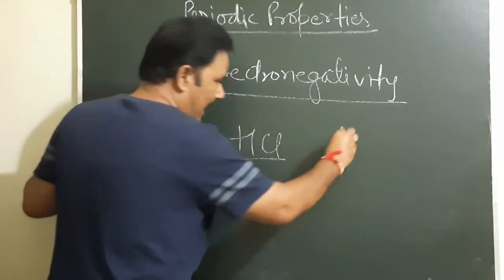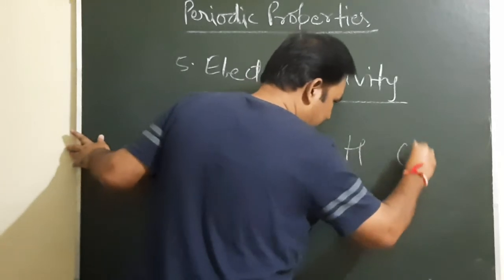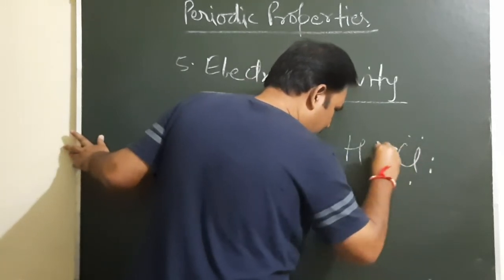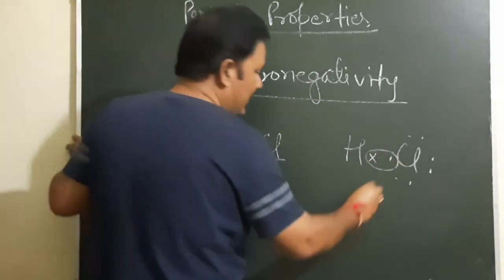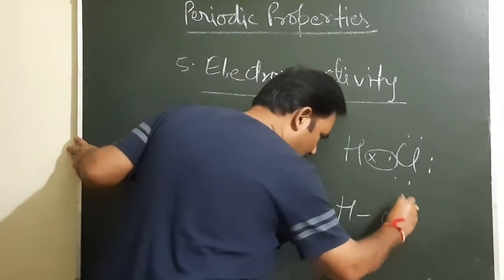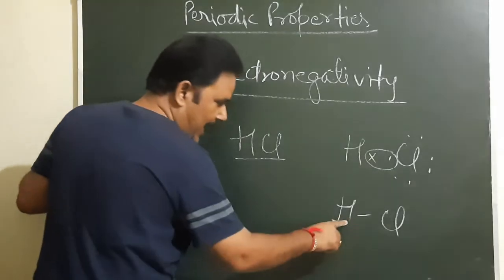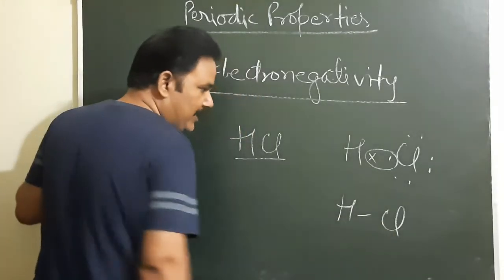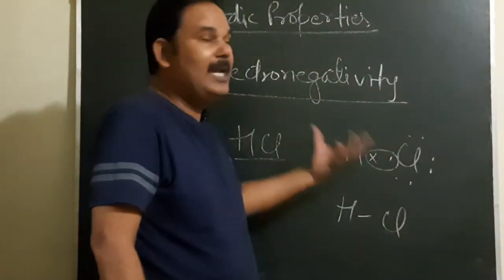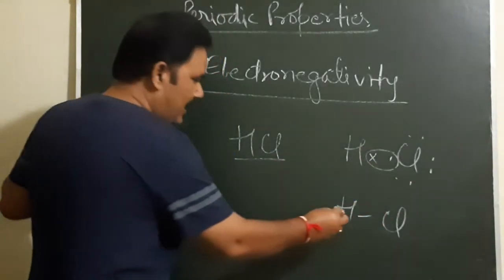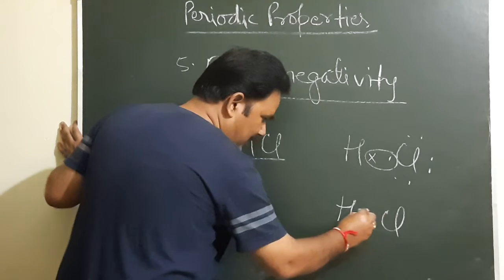Let's see, H and Cl. Cl has 7 electrons in its outermost shell, H has 1 electron. So we can say H and Cl form a covalent bond. The element which has more electronegativity, which is highly electronegative, will attract the shared pair of electrons towards itself.